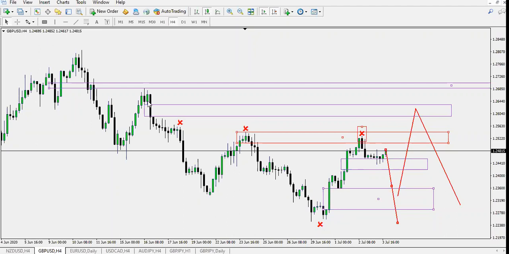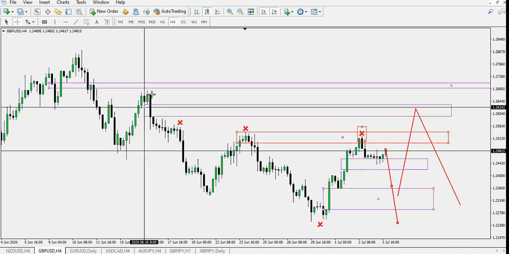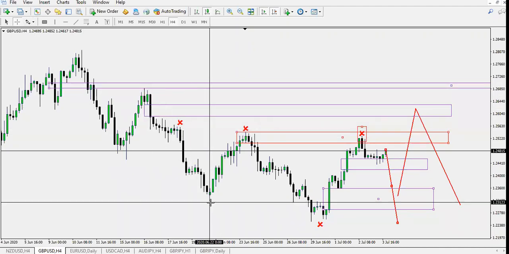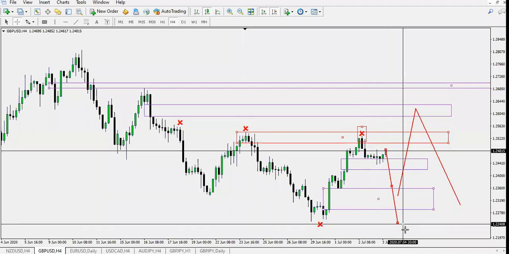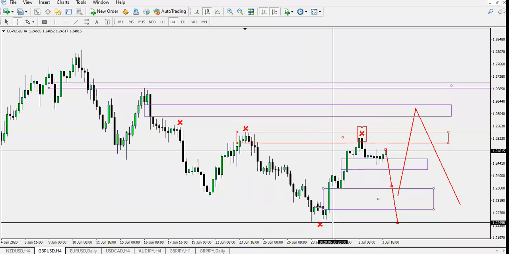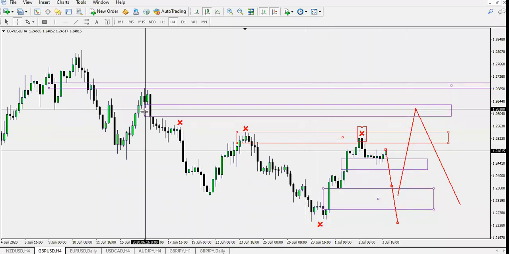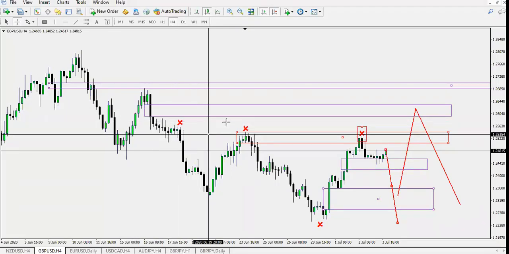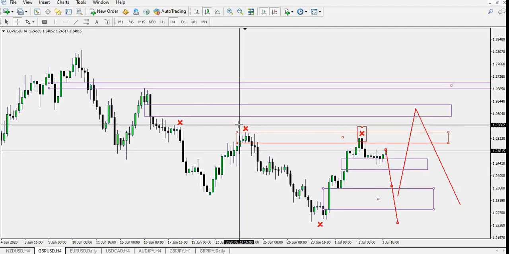So that same scenario would apply here, where you are making lower lows and lower highs. So if we see that same reaction here and we break the area of liquidity, then it's unlikely that price will come back to retest this zone until another point in time.